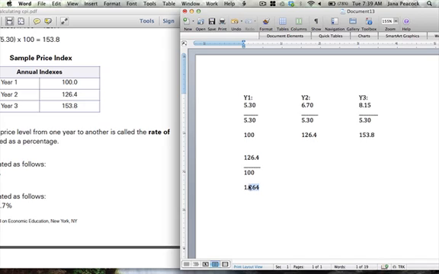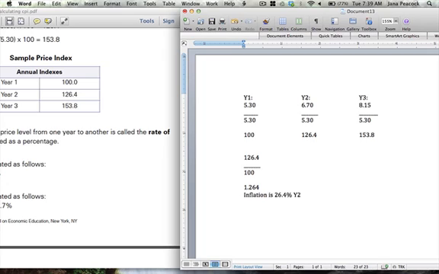So it's everything behind the decimal. So you could subtract the 1, however you want to look at that, but the inflation rate for this year is 26.4%. Okay? That's what we've done from year 2 to year 1. Inflation in year 2 was 26.4%.